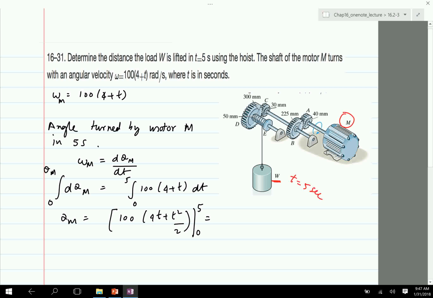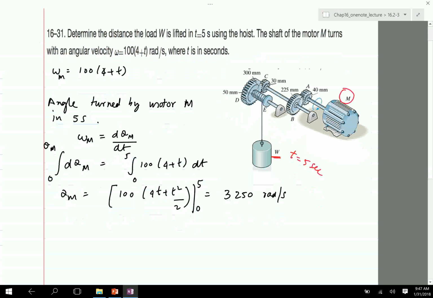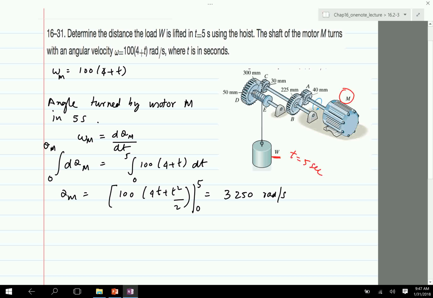If you do the math on that, you get 3250 radians.